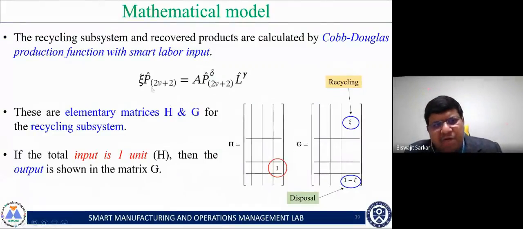Now what I want to show here is the important expression, the Cobb-Douglas equation. In this Cobb-Douglas production equation, there is the concept of L, and L is nothing but the labor. This is the skilled labor, and then L to the power gamma: how many laborers and what the status of the labor is, you can assume.